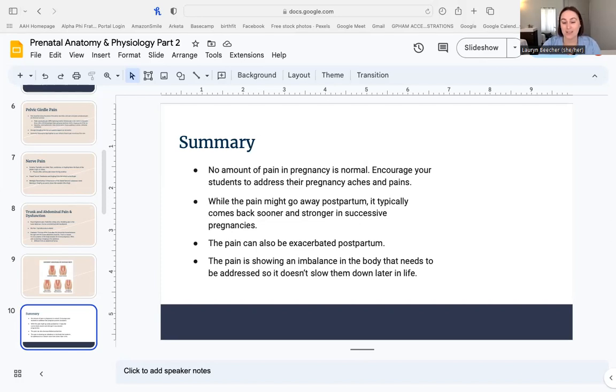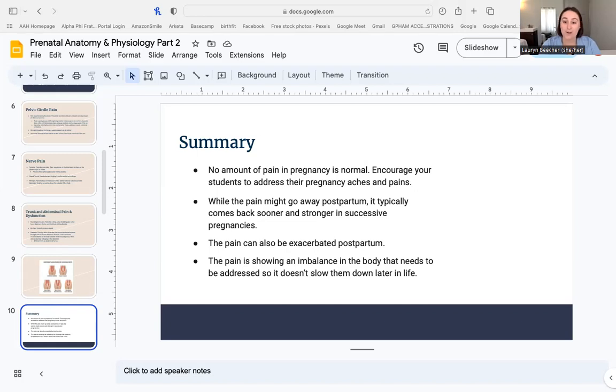As I mentioned with pubic symphysis pain, while many of these aches and pains go away once someone has given birth, sometimes immediately, oftentimes within a couple of weeks, it's still a sign that there's some level of imbalance or dysfunction in the body. So if someone is planning to become pregnant again, that pain often comes back sooner and stronger.